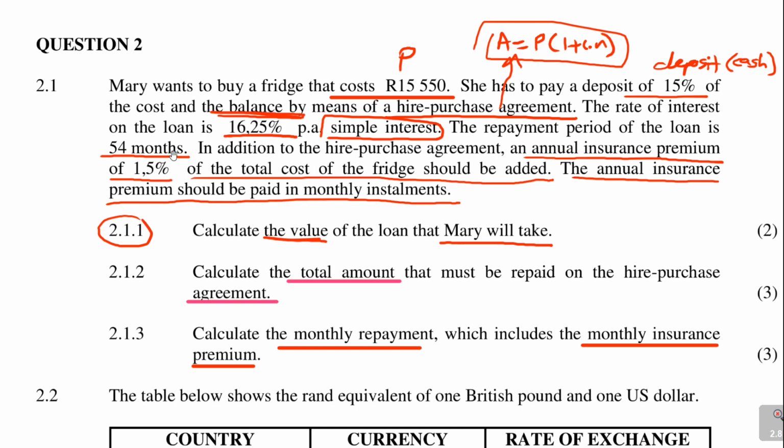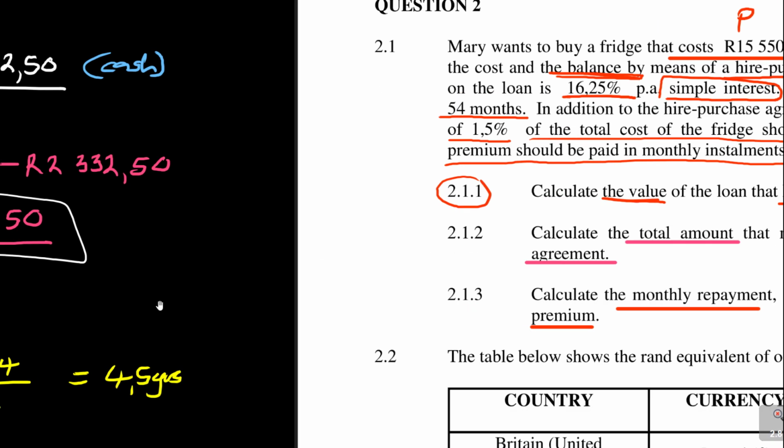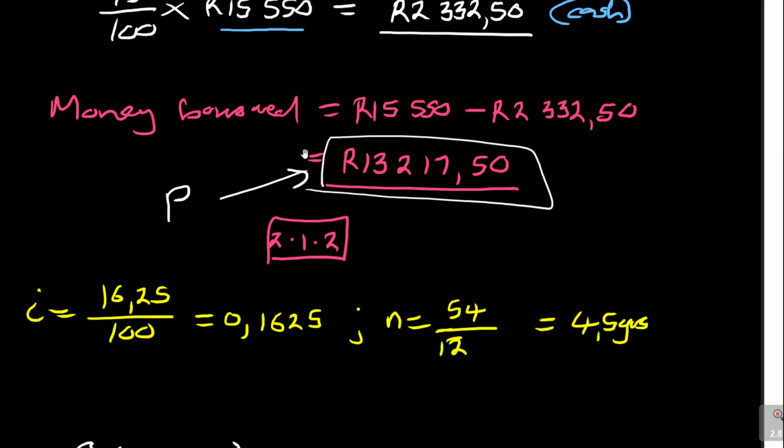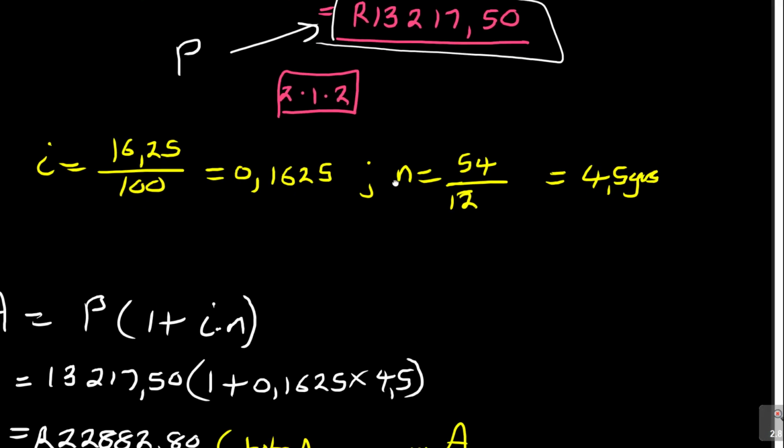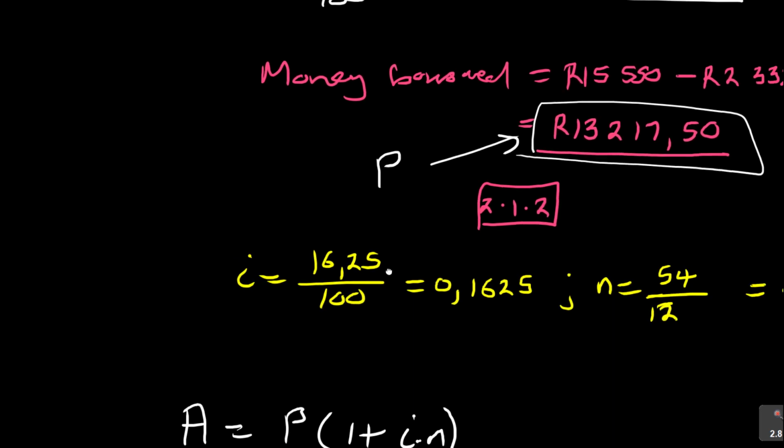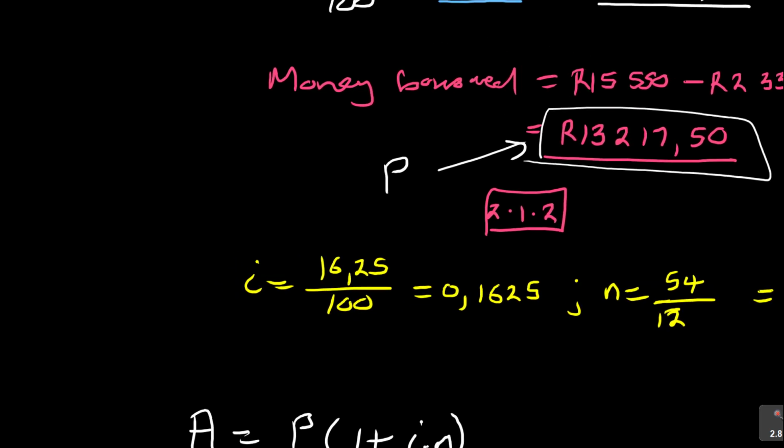So let's find out. There was a 1.5% annual insurance premium. This is 1.5% of what? They are telling you of the total cost of the fridge. But how much was the fridge? It was not 15,550. Remember, the money you borrowed was this 13,217. So let's work it from here.